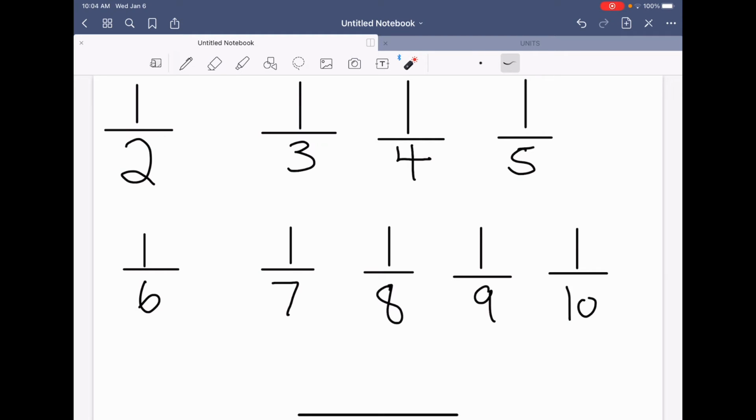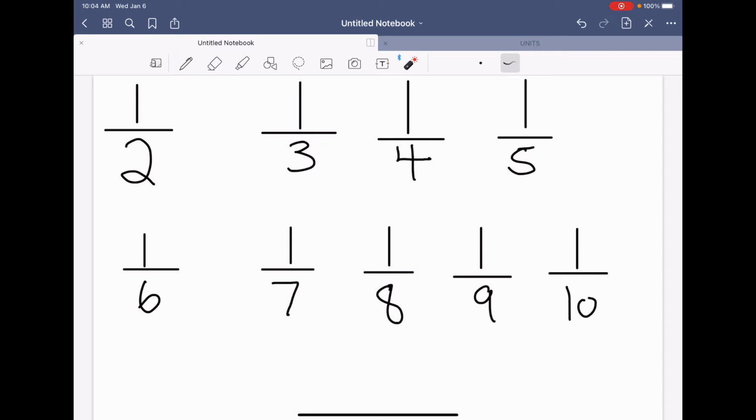So, when we read a fraction, we read the top, then the bottom. The top we read as normal numbers. So this we read as 1, and this 2 we read as half.